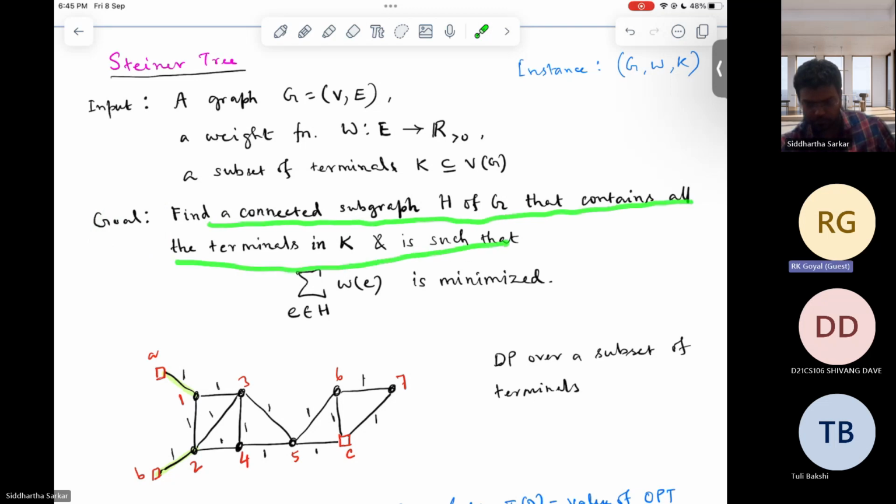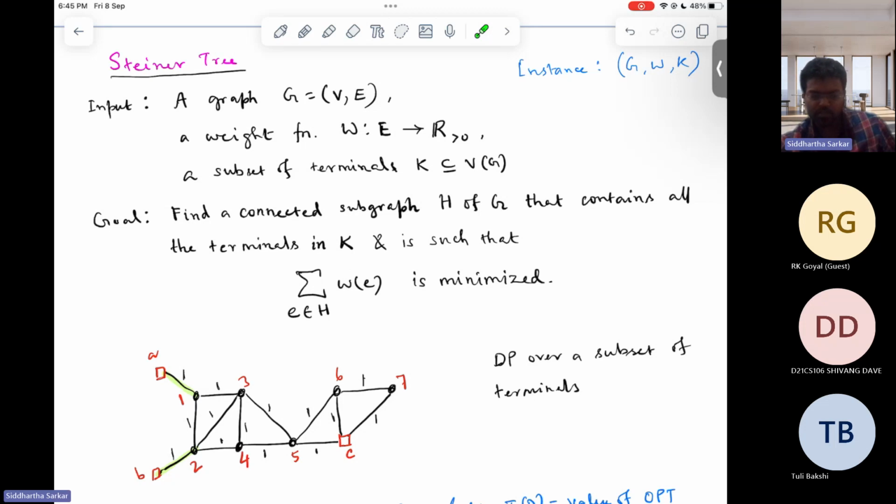So what's the meaning of the connected subgraph? Connected subgraph means you have a set of edges, and every vertex is reachable from every other vertex in the graph. Okay, okay.